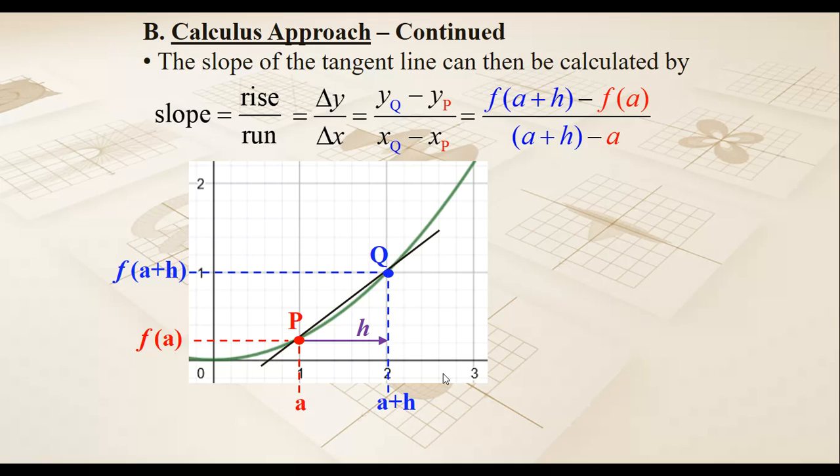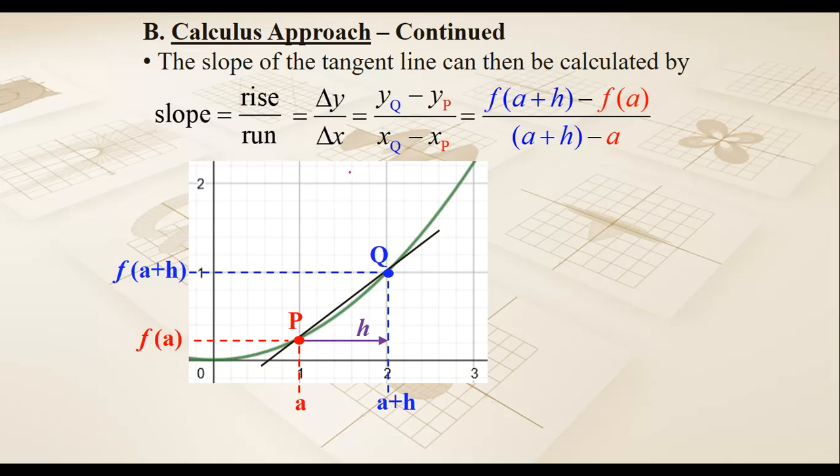The y coordinate of point P would just be the function evaluated at x is equal to a. Divide by xq. What's the x coordinate of point Q? Well, that's the value a plus the horizontal distance h, and then subtract xp, which would be the x coordinate of point P, which is just the value of a.